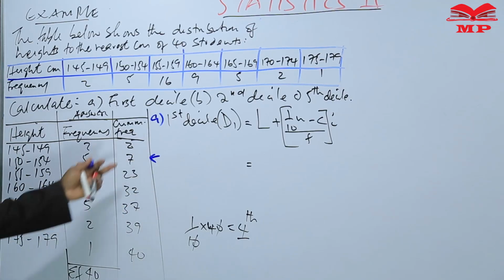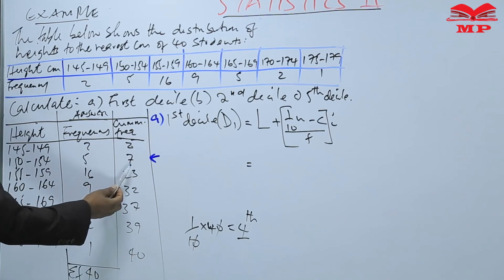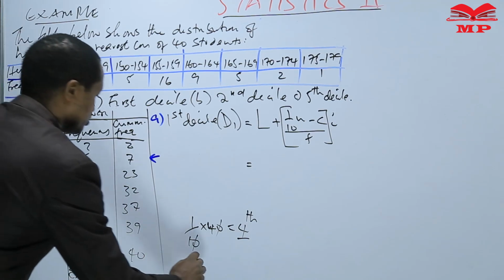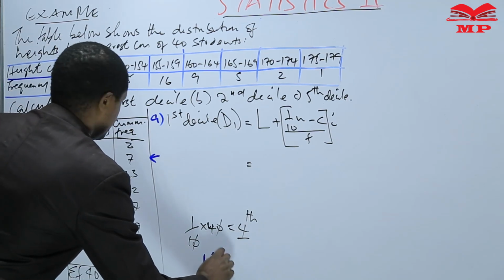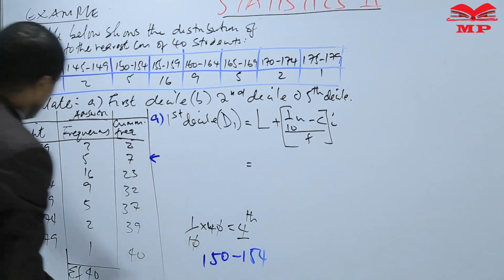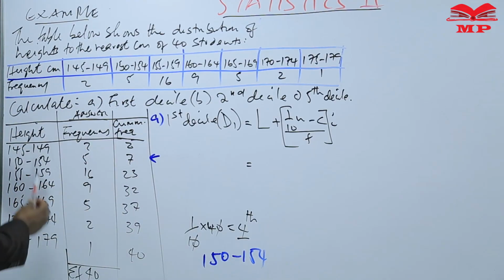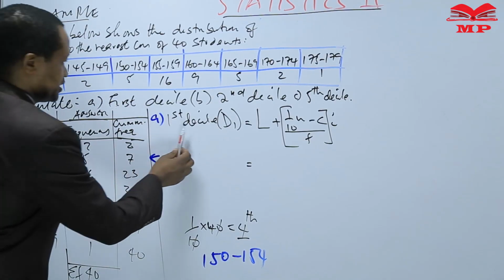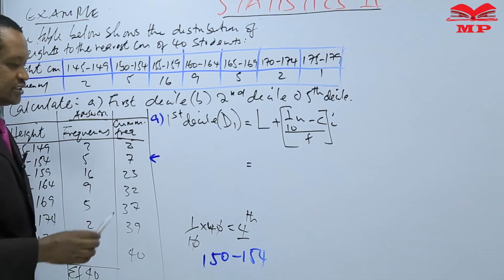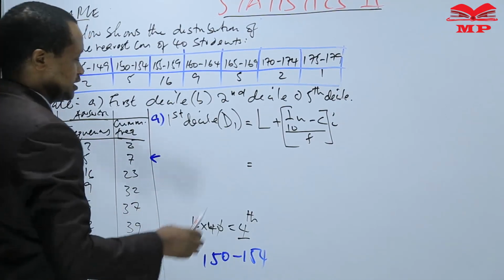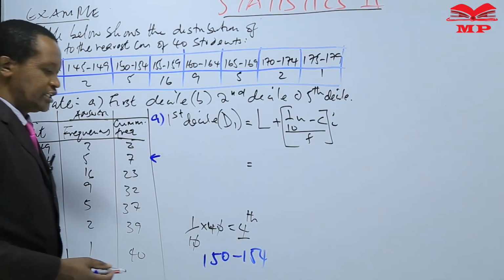Use the cumulative frequencies. The first decile class is 150 to 154.